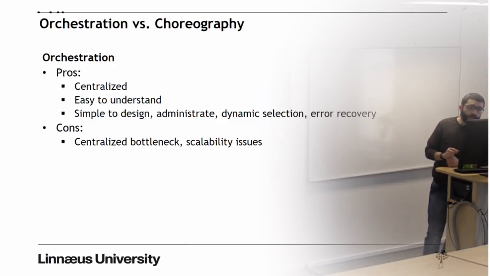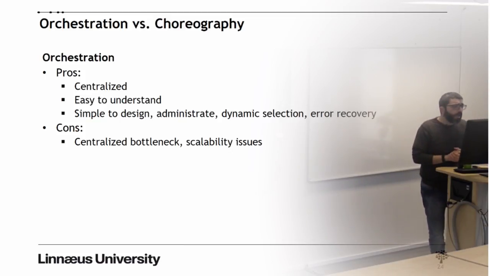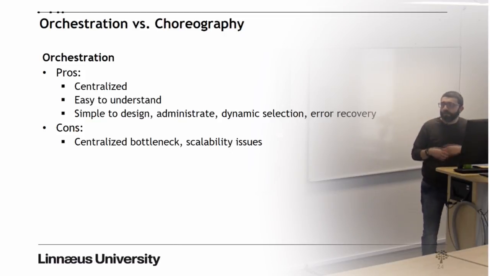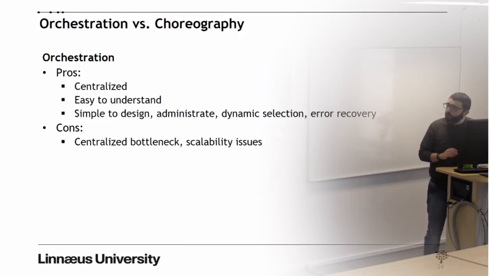It's simple to design and administrate, and allows dynamic selection, so we can change the remote service at runtime. For example, we can substitute booking.com at runtime with a different booking service. It's also very easy to recover from errors, because all the logic is centralized. If something goes wrong, you can recover from it.